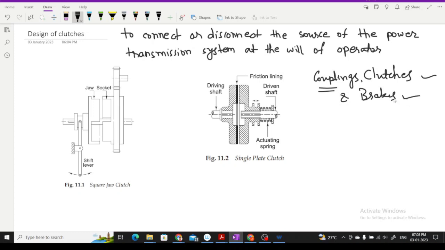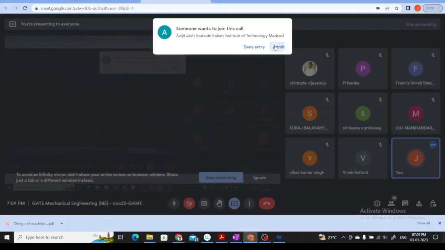So as we already discussed brake, if we talk about brake, the general construction is you are having a rotating drum, and in case of shoe brake, you are having that shoe or block.